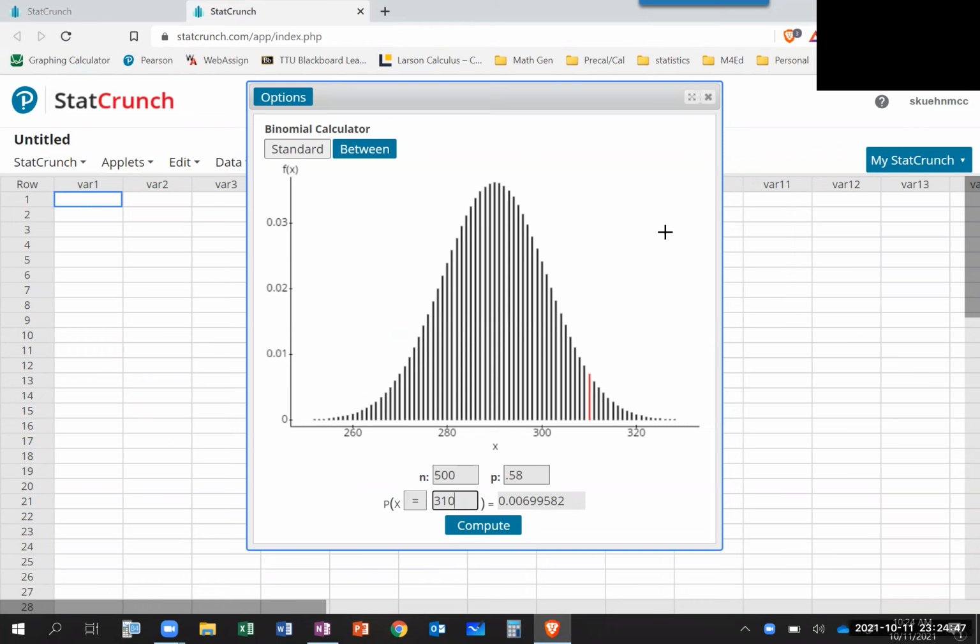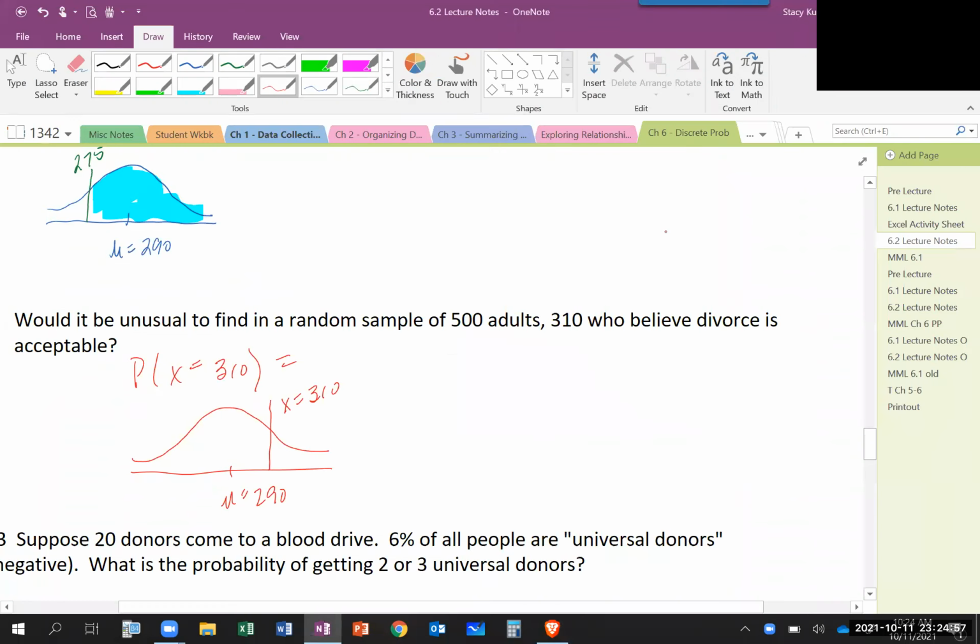What is the probability of getting exactly 310 people out of 500? All right, 0.007. If I change that to a percent, that would be less than 1%, right? It's 0.7%. It's not even 1% yet.